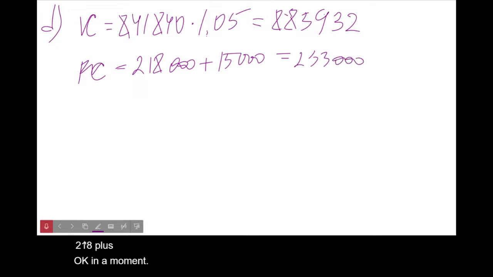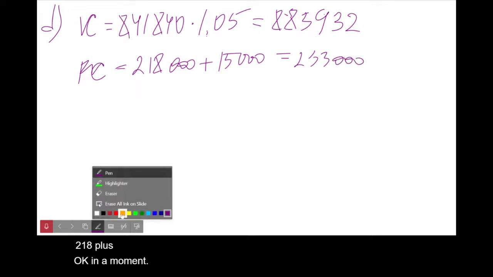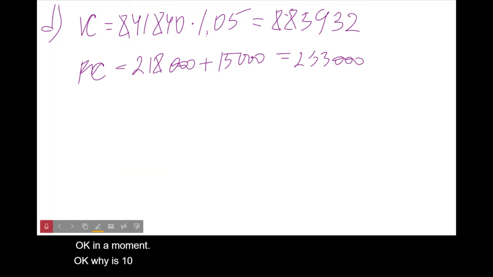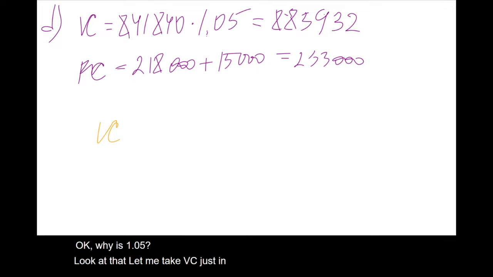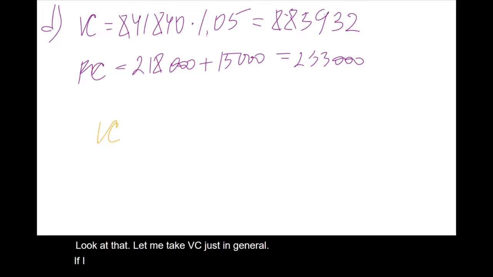Of course. Okay, why is it 1.05? Look at that. Let me take VC just in general. If I want to add 5%, right, I would do this. Yes or no?